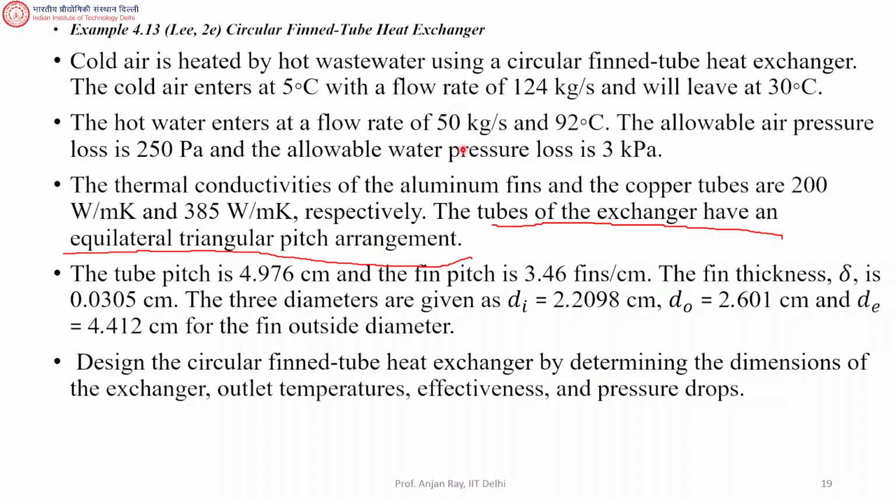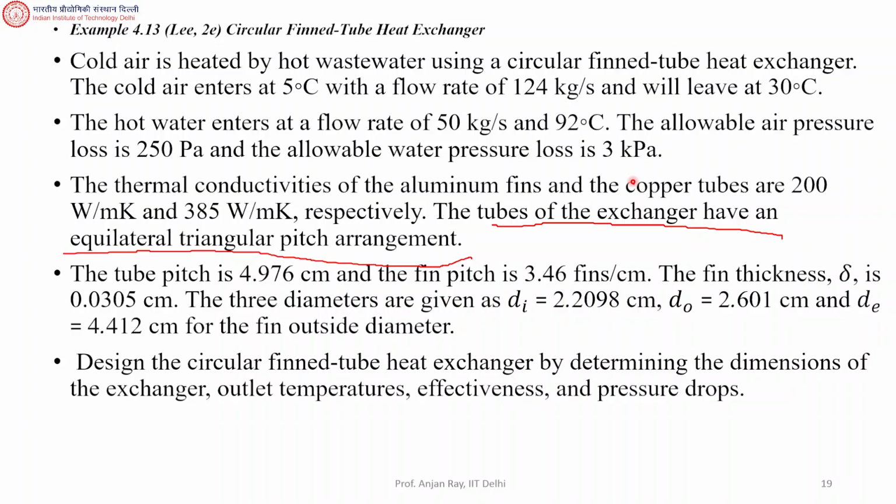So this is the hot water flow rate, and this is entering at 92 degrees Celsius. The pressure loss allowed is 250 Pascal on the air side and on the water side, you are allowed 3 kilopascal. You have aluminum fins, copper tubes, thermal conductivities are known.